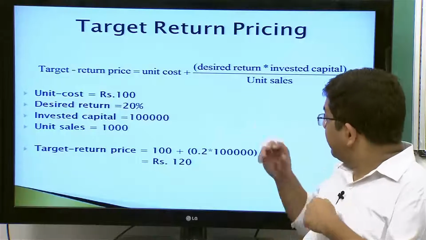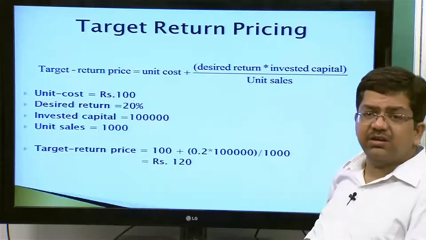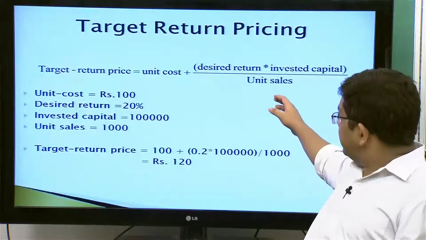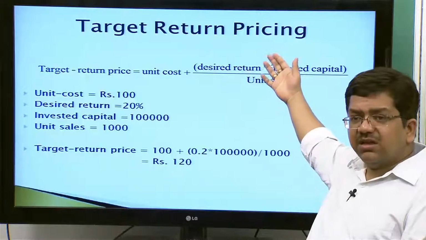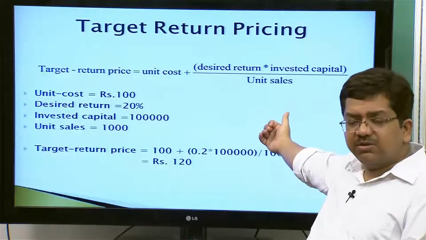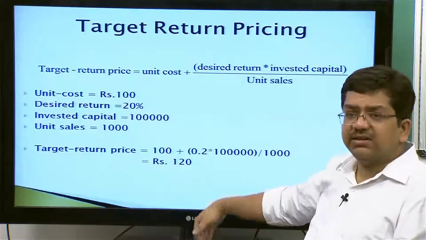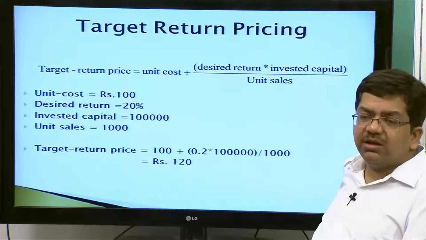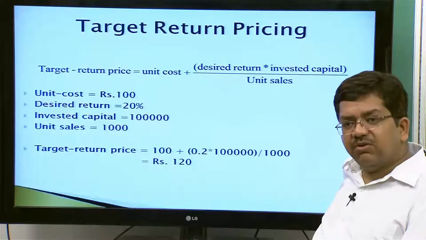That is another very important thing that you have to understand, because if you overestimate the sales, then also you will be in a troublesome situation, as you may not realize that much amount of sales, and you may lose revenue from the units that you targeted but have not sold.